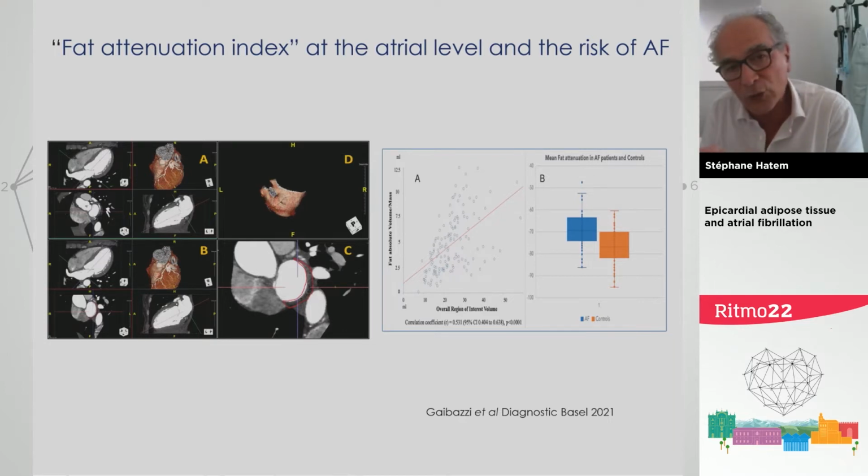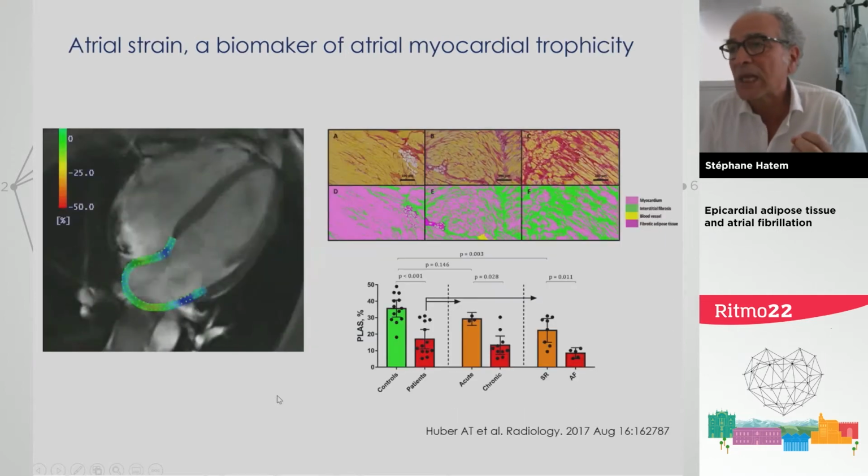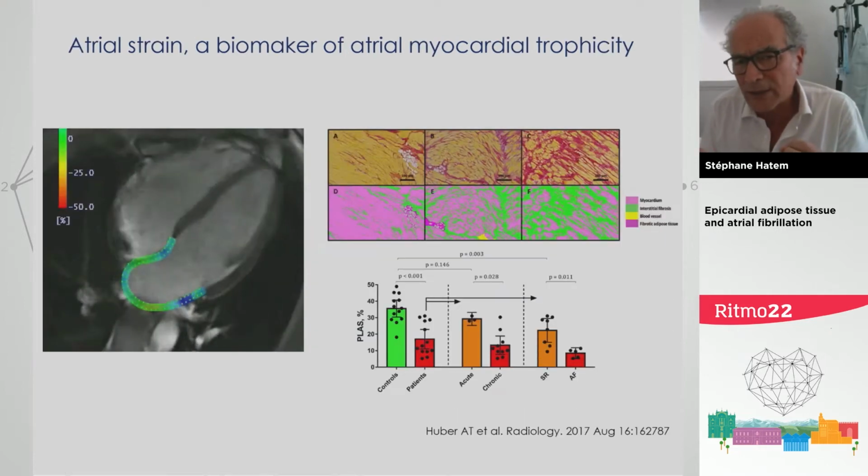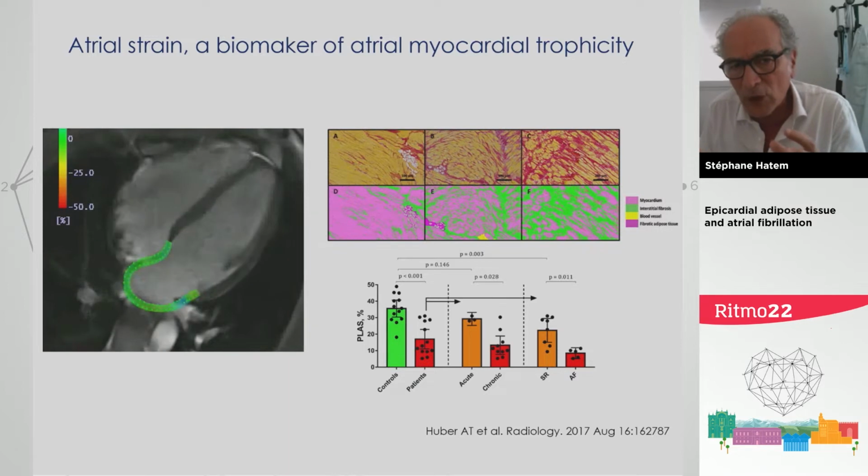And therefore, getting insight into this texture biology in patients may help to identify at-risk patients for whom this adipose tissue contributes to the progression of atrial cardiomyopathy and the risk of AF, but also of stroke. And this is the type of study that we can start to read now, where people quantify this fat attenuation index.